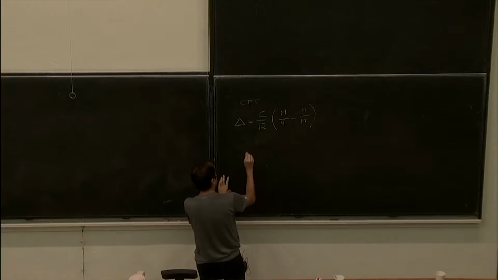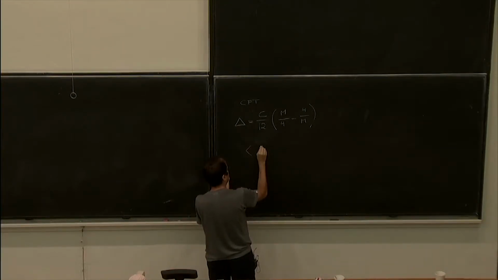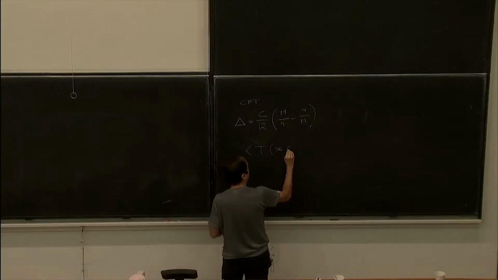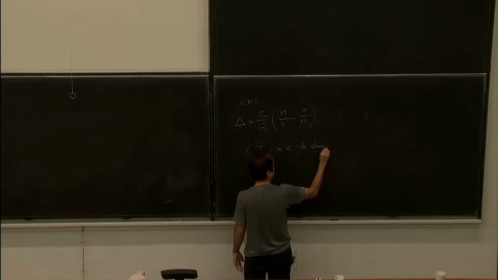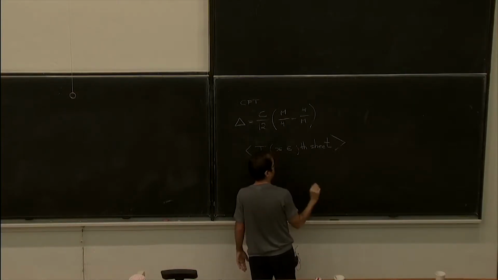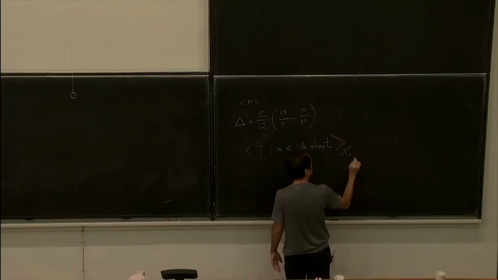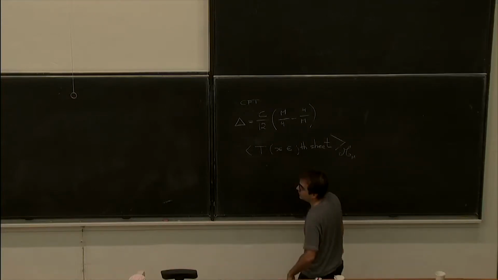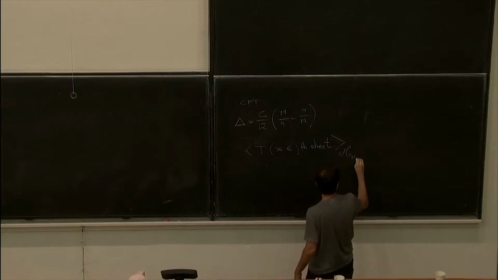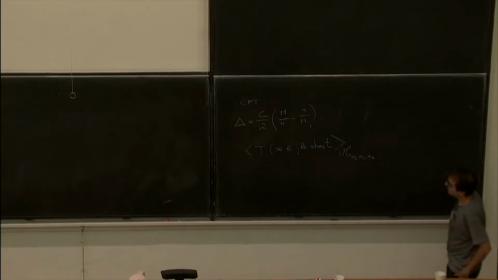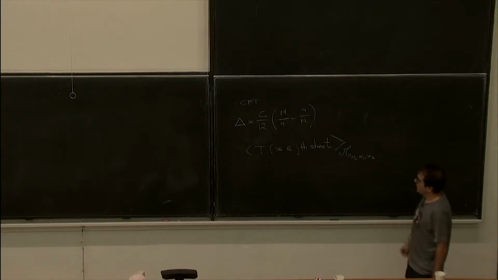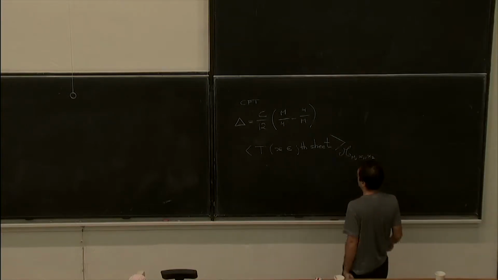Let's consider the expectation value of T, the stress tensor, at a point x that is in the jth sheet, in the theory computed on this Riemann surface M. Good.